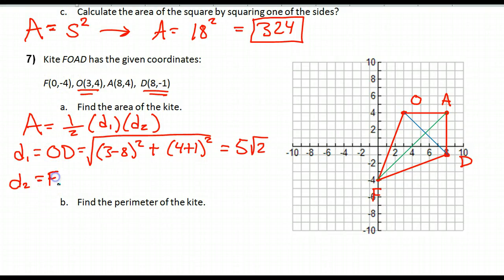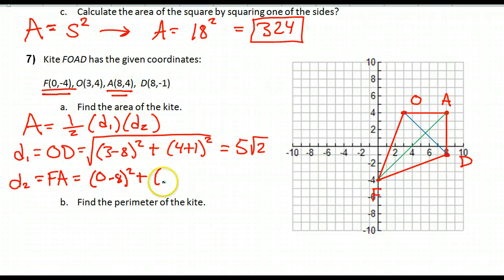So FA, again, I'm just going to use the distance formula, but this time focus on F and A. Okay, so x minus x, so 0 minus 8 squared, y minus y, so negative 4 minus 4 squared. And then, of course, the square root of all that. That's going to give us 8 radical 2.